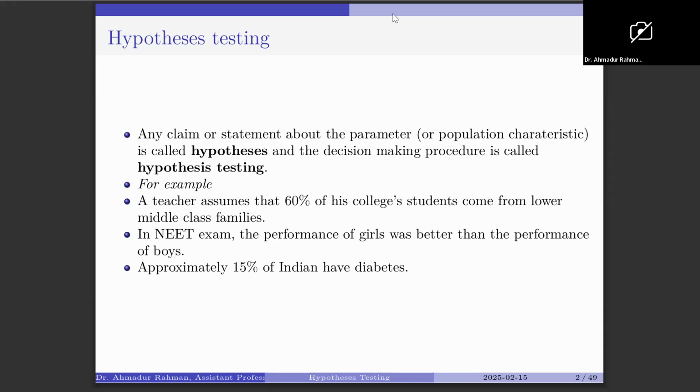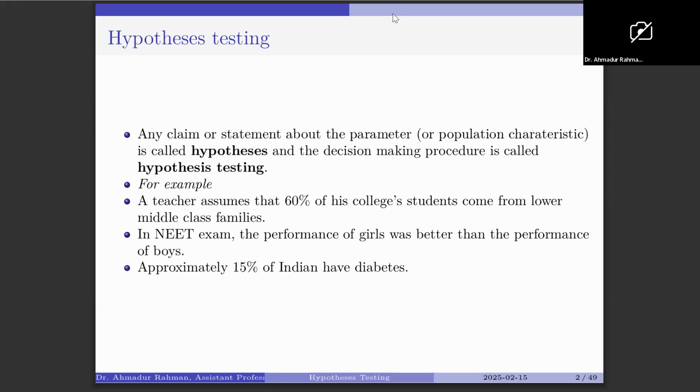Another statement may be that a teacher assumes that 60% of his college students come from lower middle class families. Or another statement may be that the performance of girls in the NEET exam was better than the performance of boys. There can be many such statements. We can have a lot of hypotheses.